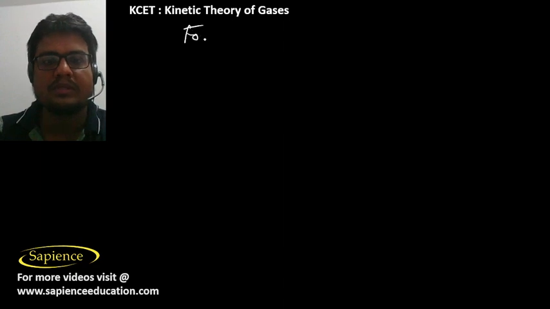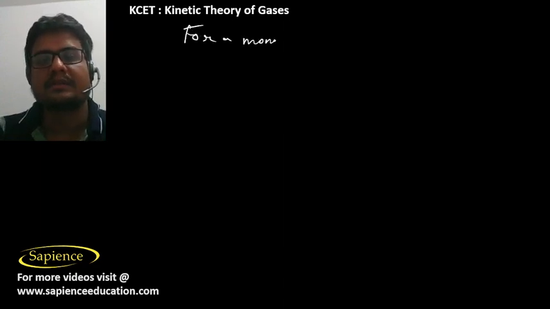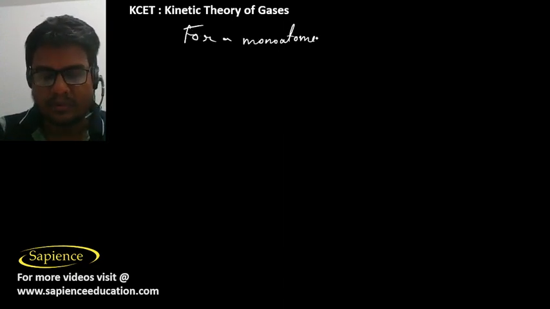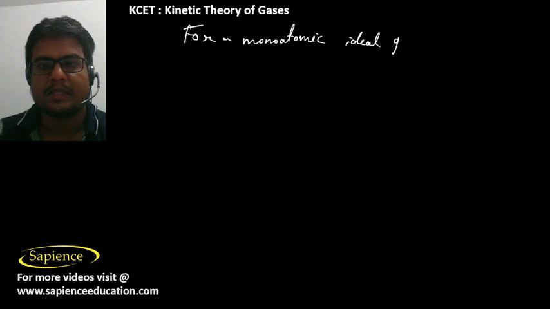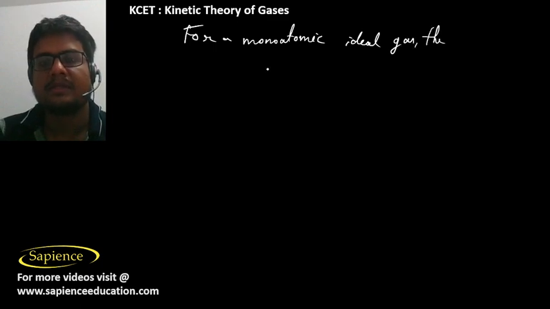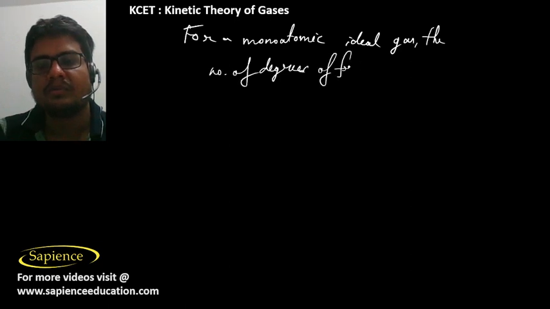The rule is that for a monoatomic ideal gas, the number of degrees of freedom F will be equal to 3.